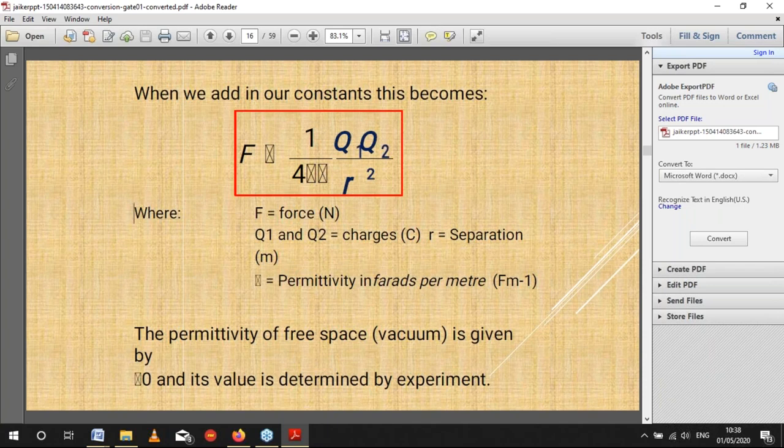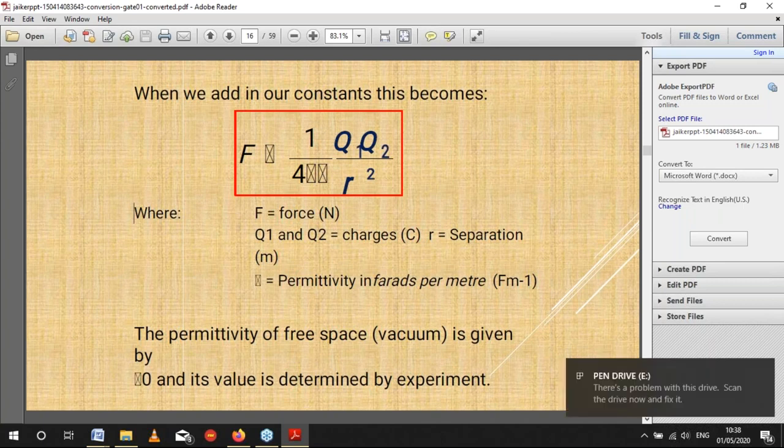So F is the force in newtons, Q1 and Q2 are the charges in coulombs, and r is the separation, the distance between them, in meters. Then we have the permittivity in farad per meter.